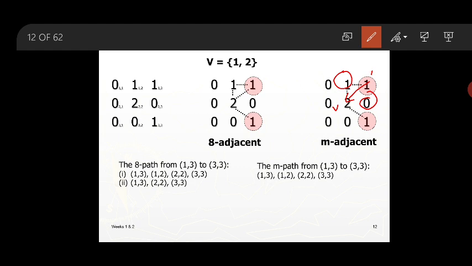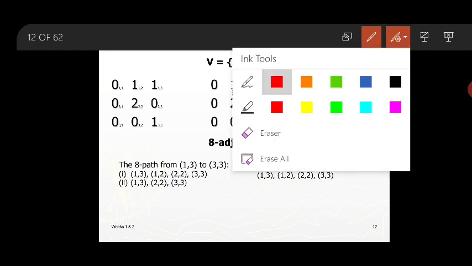These common pixels, 1 2 and 2 3, should not have a value from V. If they don't have a value from V, then only you can make a diagonal connection. I hope I make a clear point.